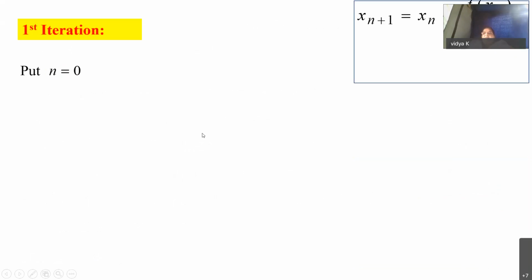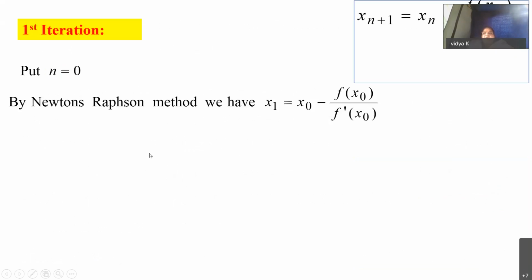Next, go to the first iteration. So what is the general formula? x n plus 1 equal to x n minus f at x n by f dash at x n. So first put n equal to 0, you get the first iteration, it is x1. So you are approaching the real root by repeating the formula. So x0 is the initial value, then x1 is by the next iteration, the first approximate value for the desired root.